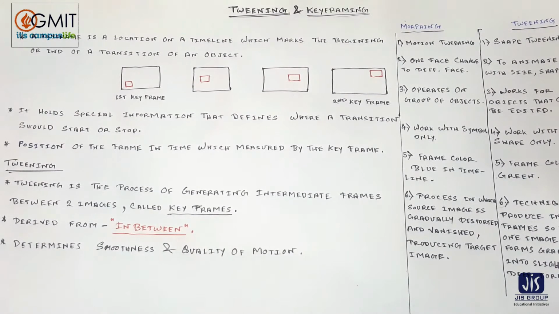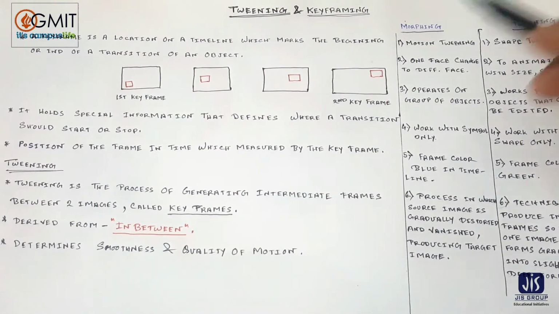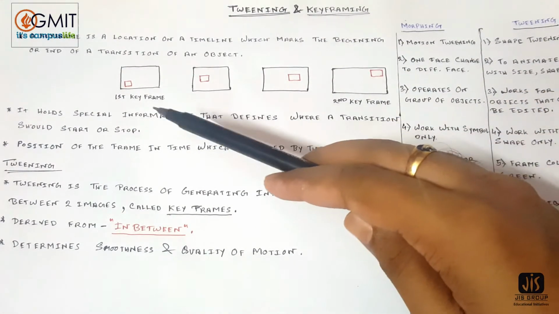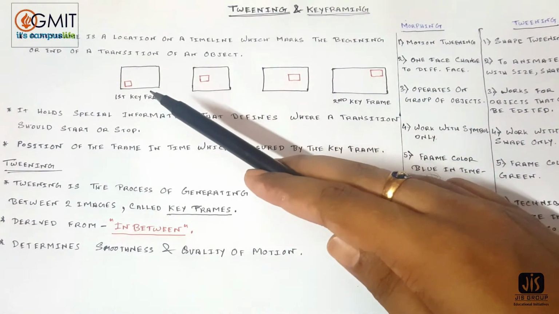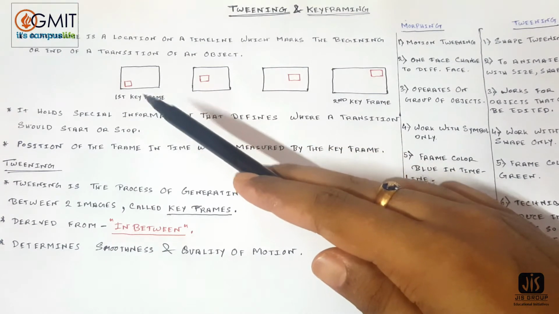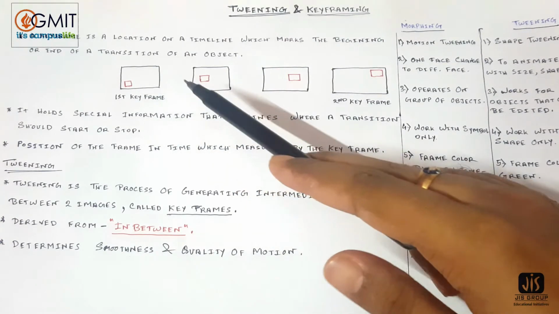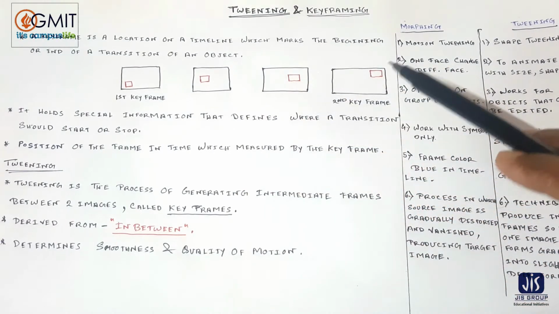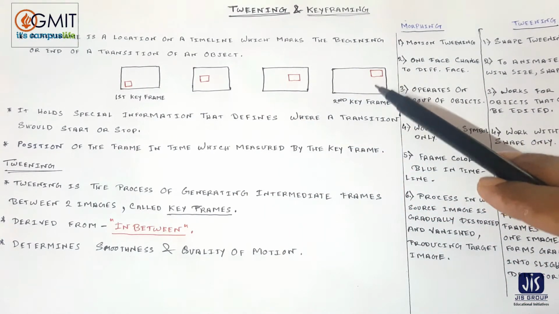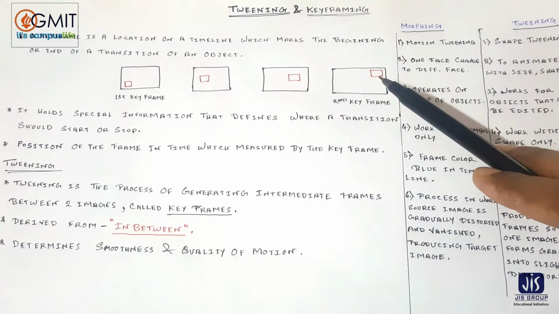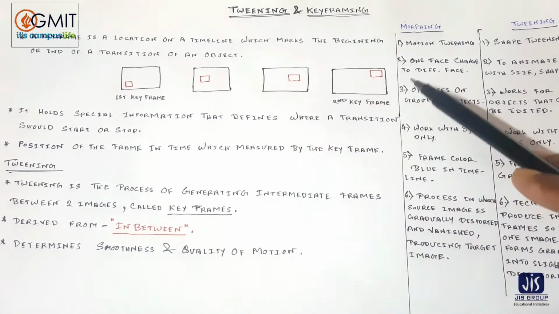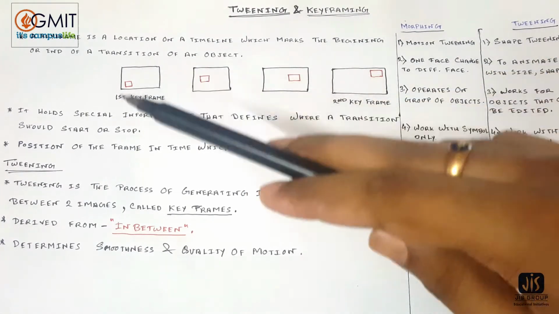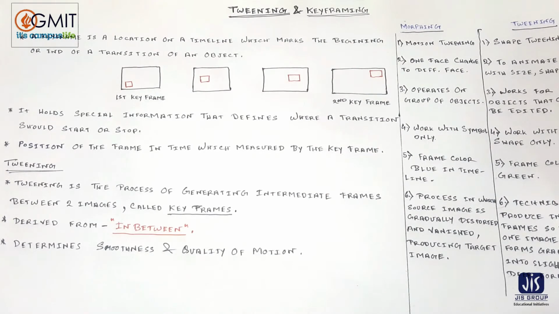You can see in the example or picture here that this is our first frame and there is a box inside the frame and the box is in motion, and at last this is my second keyframe, that is the final position of the box, from here to there. So these two are the first frame and second frame. Clear? So this is an example of keyframing, that is first keyframe and second keyframe.